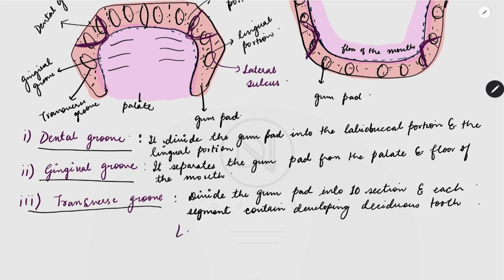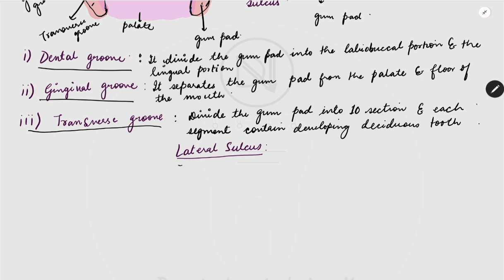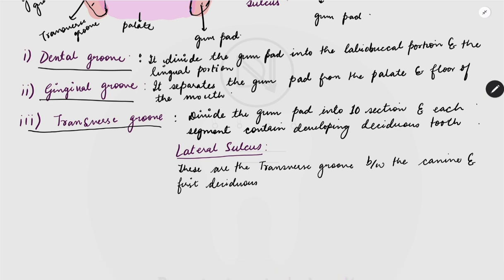So the lateral sulcus is the transverse groove between the canine and the first deciduous molar.